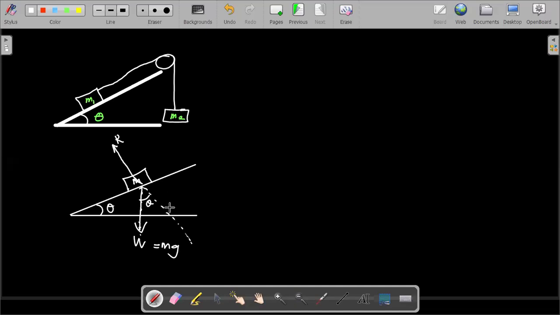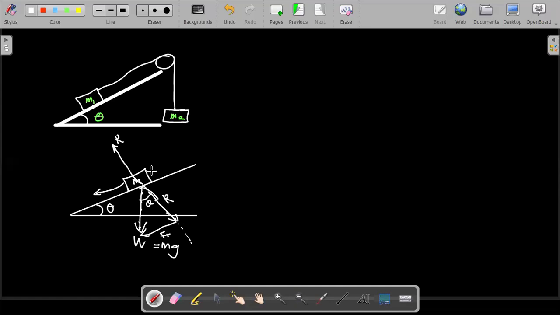Now, this object will experience a downward force due to the inclination, which, if you complete this triangle, is the force that will naturally tend to pull this object downward, while our normal reaction is the other side of this triangle. So we can say this place is our R, and let's call this place our FR.